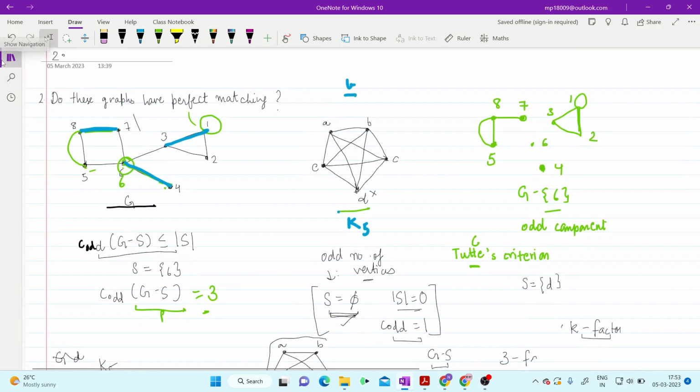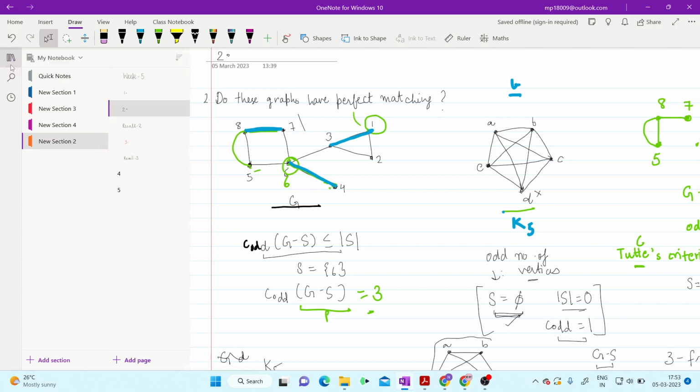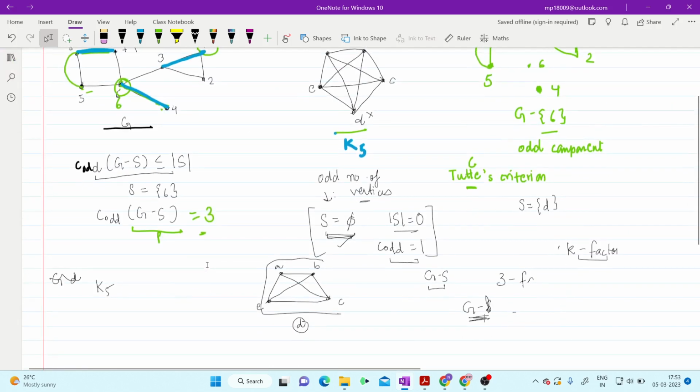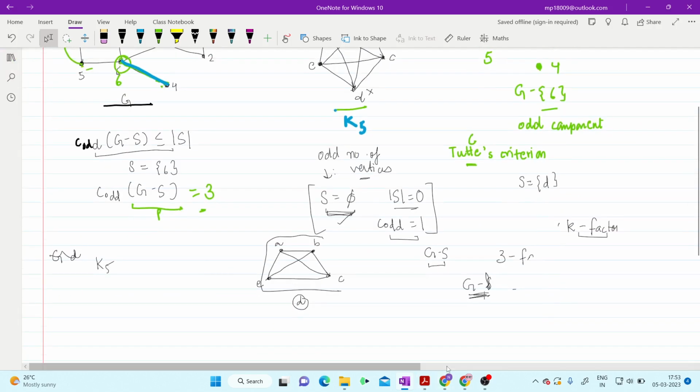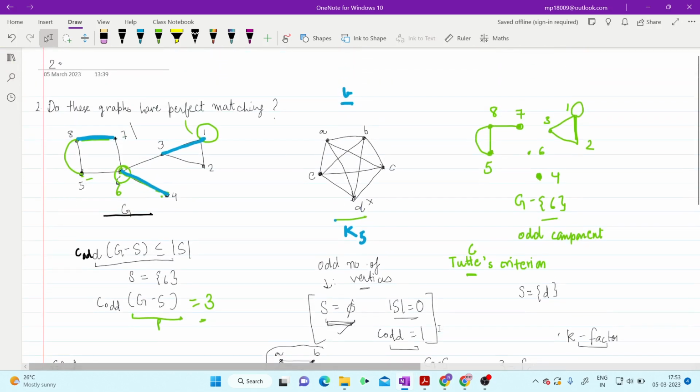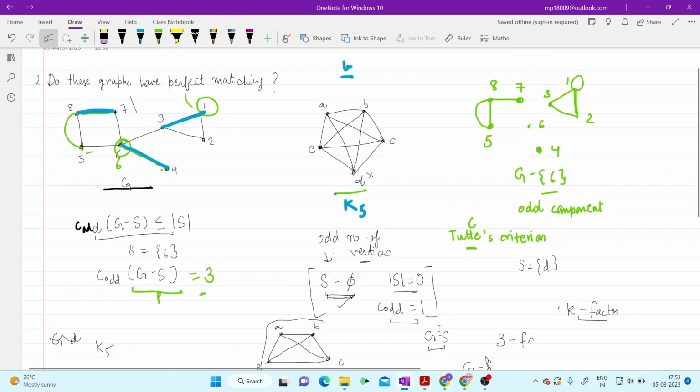Ma'am, there's a question. In the first example, is it a perfect matching, ma'am? We showed that this first graph does not have a perfect matching by Tutte's criteria.